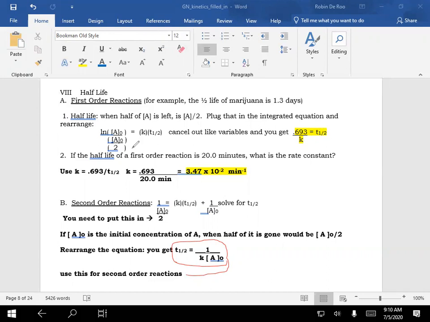If the half-life of a first order reaction is 20 minutes, what is the rate constant? We use our formula and then rearrange, and we calculate our rate constant. Remember, this is only for first order.